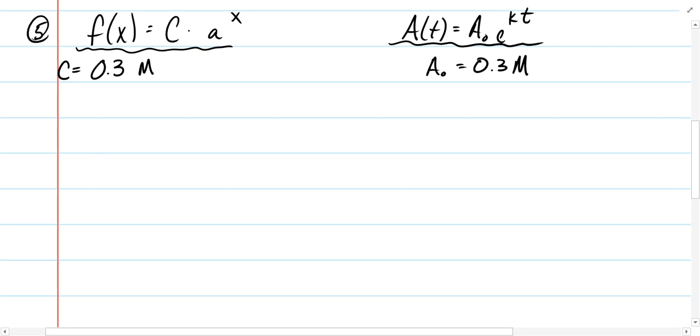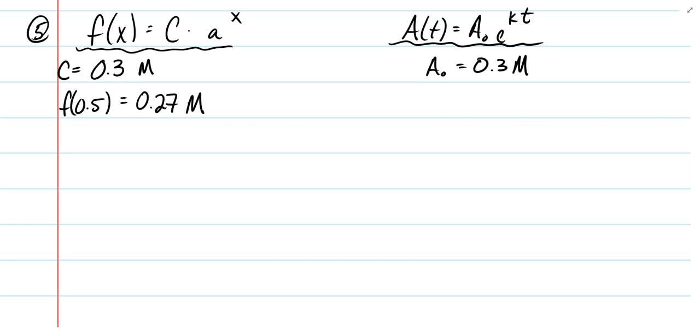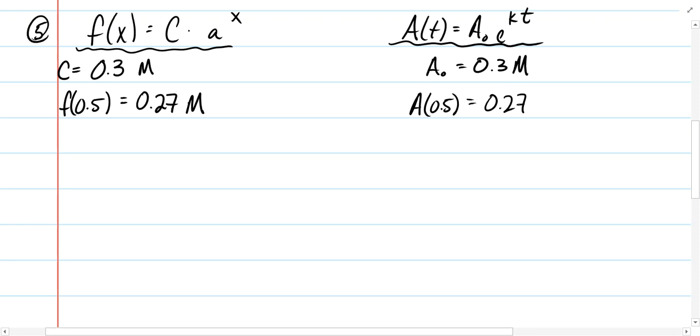And so I'm going to note that this function evaluated at 0.5 hours is equal to 0.27 moles. And this function, A of 0.5, will result in 0.27 moles as well.